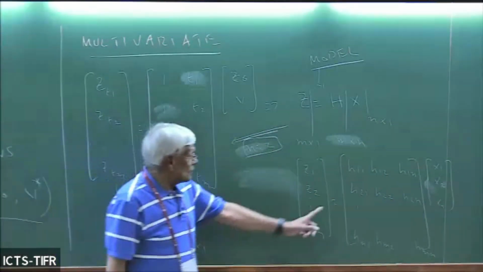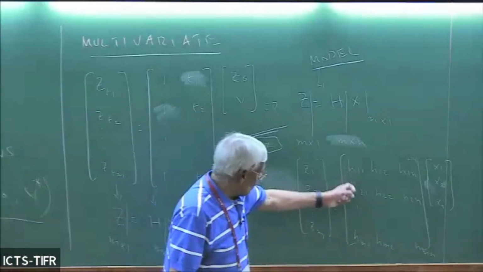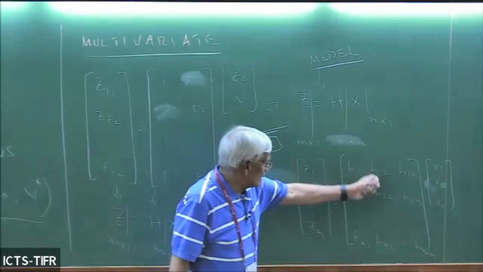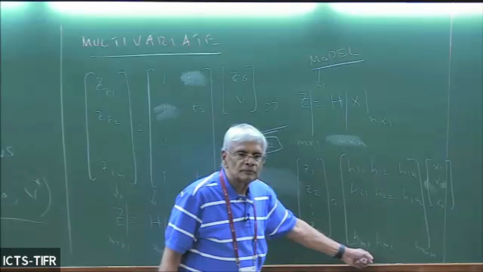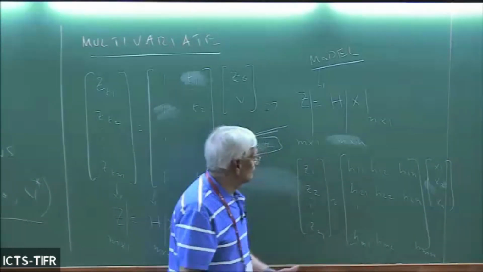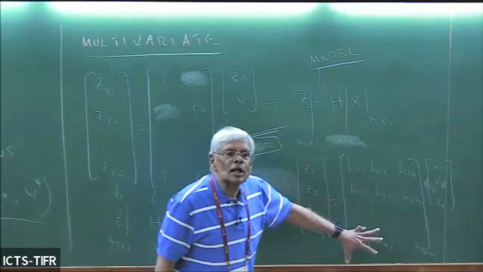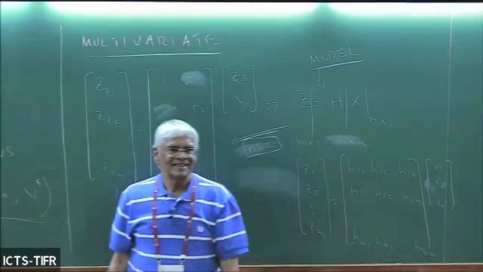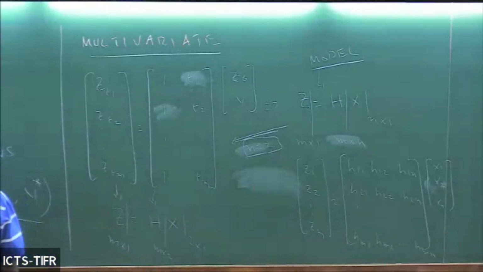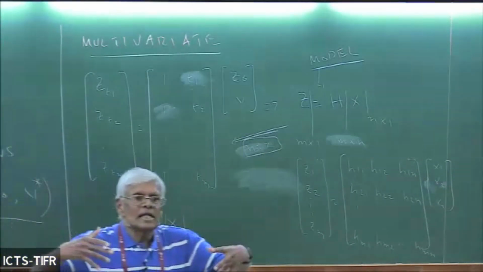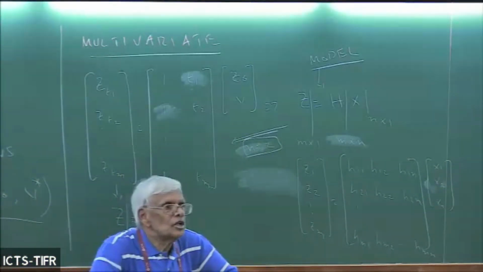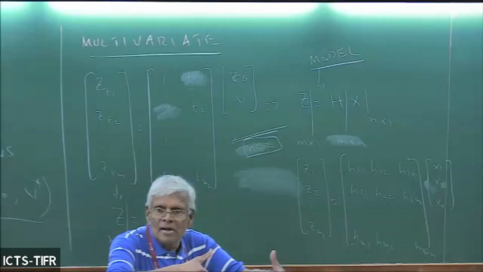I get that as a special case when all the first column is 1, and all the second column is T1, T2, T3. But I can think of a model like this. So this is called the generalized linear model. This is the specific linear model. So I'm going to use a specific linear model to induce a generalized linear model.